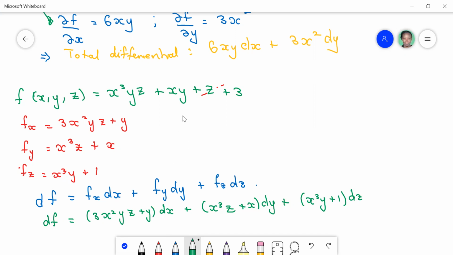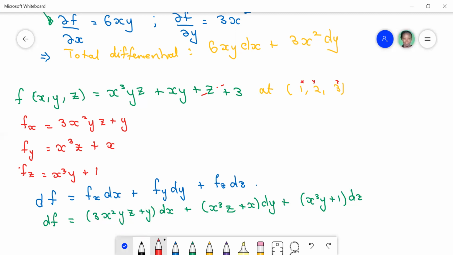If I had given this function to you at a certain point, let's say I gave it to you at (1, 2, 3), it means that these become x, y, and z. So wherever you see x, it's 1, y is 2, and z is 3.